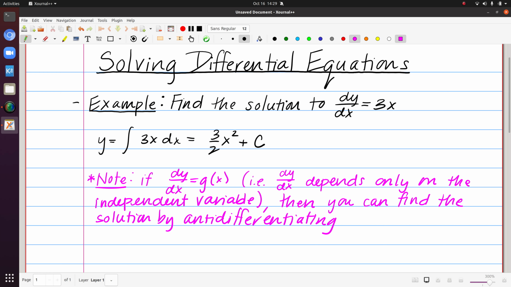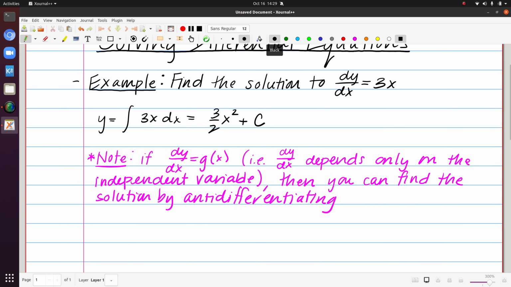So that opens up a way to come up with a solution for a big chunk of differential equations.